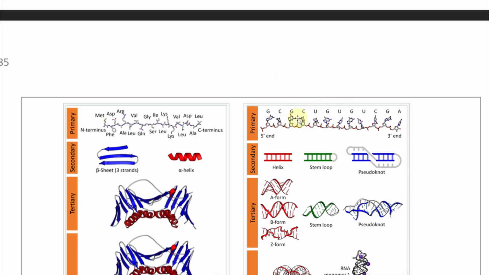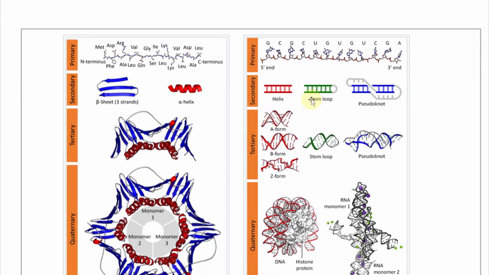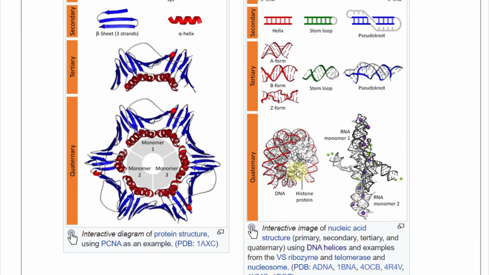This one has a U, so that's uracil, so that's going to be an RNA strand. And you have secondary, with different types of connections: a helix, a stem loop, and then a pseudoknot. Then you have the tertiary, where you connect a whole bunch of these with these types of connections, pseudoknot, stem loop, a very interesting setup. And then you have the quaternary setup, where you have a whole bunch of these all grouped together.